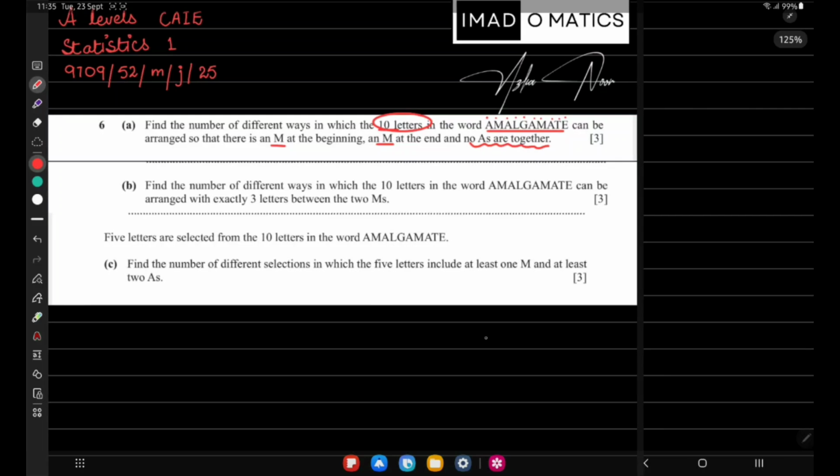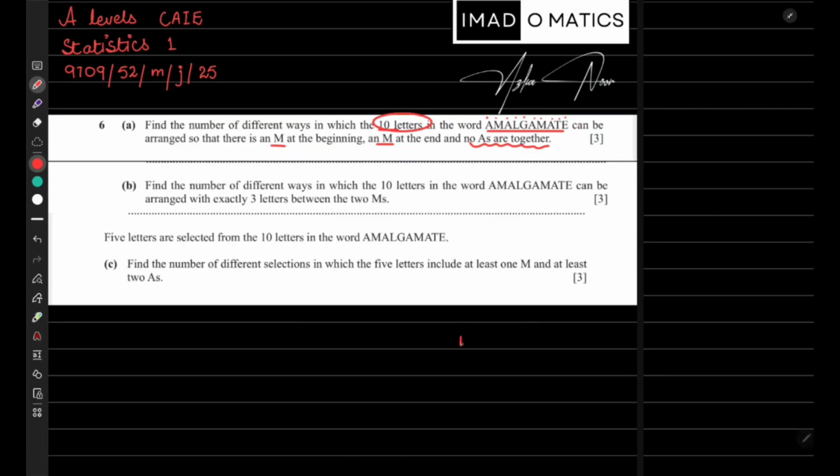So how many letters do we have? How many A's do we have? 1 2 3 4. 4 A's.